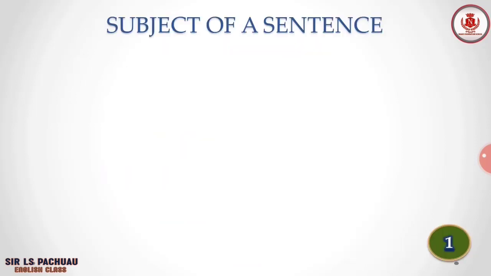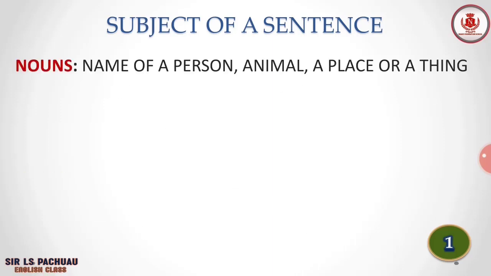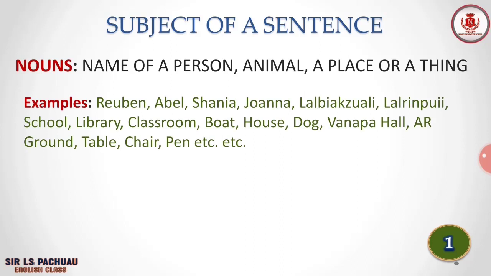Alright, subject of a sentence here. Subject of a sentence can be a noun or nouns. A noun is the name of a person, animal, a place or a thing or an idea or something like that. We know that, right? So we can use nouns as a subject of a sentence. Example here, names: Reuben, Abel, Shania, Joanna.